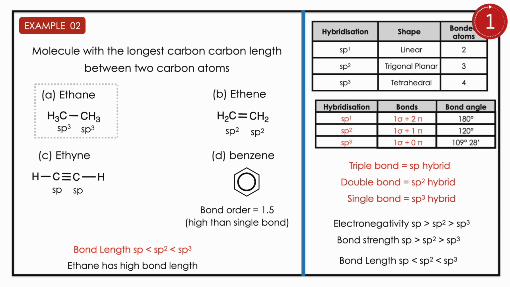Two methyl groups, sp3 hybridization. If you look at ethene, both are sp2, double bond, distance is less. If you look at the triple bond, it is sp, bond is very short. For benzene the bond order is 1.5. It is a little higher than a single bond, lesser than a double bond. So our answer will be ethane. Both sp3 hybridized carbons have the highest bond length.